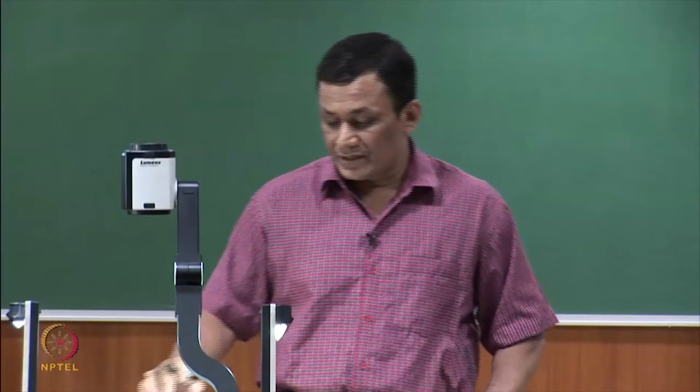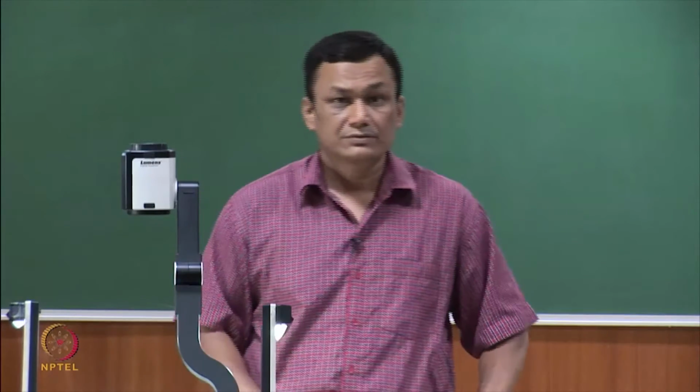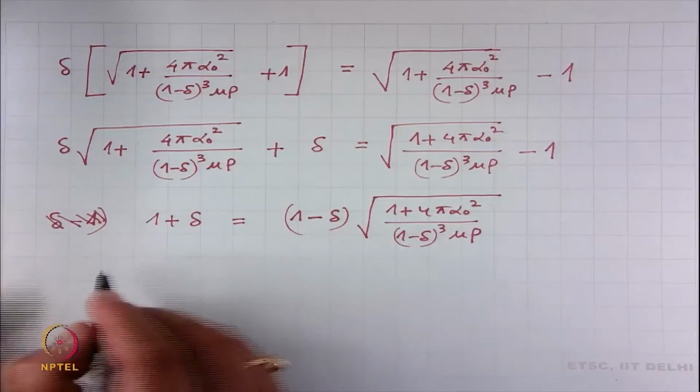Now, we have to get rid of the square root. So, we have to make square both sides. So, let us do that.